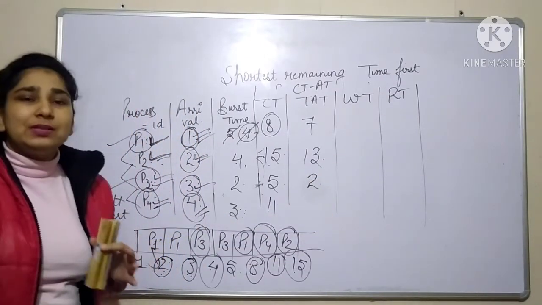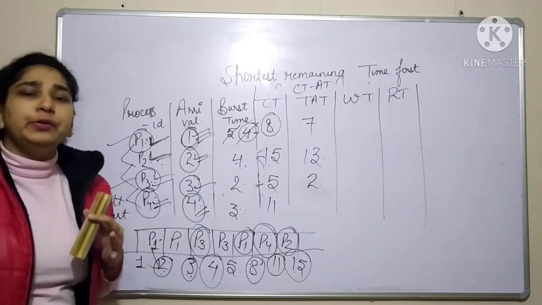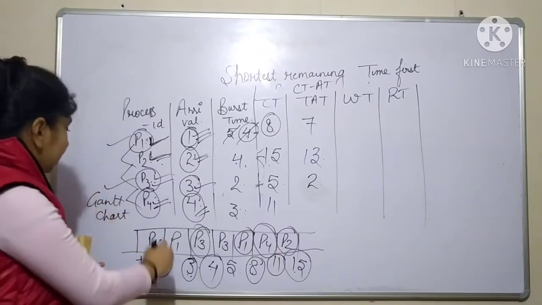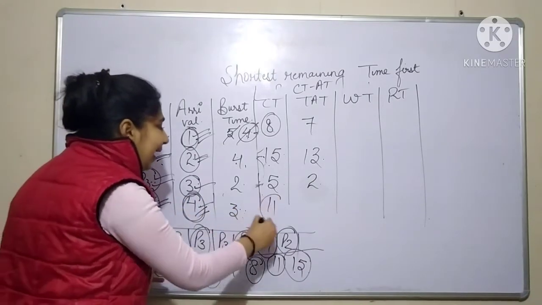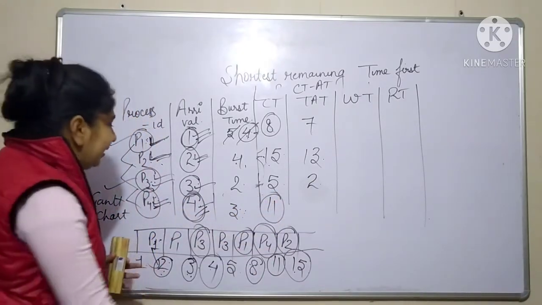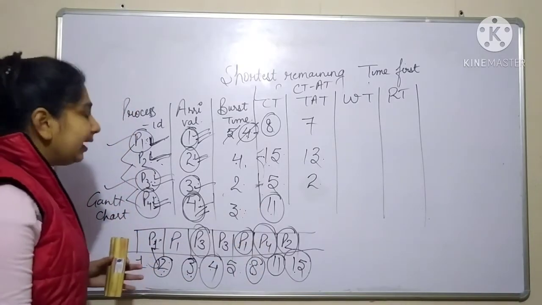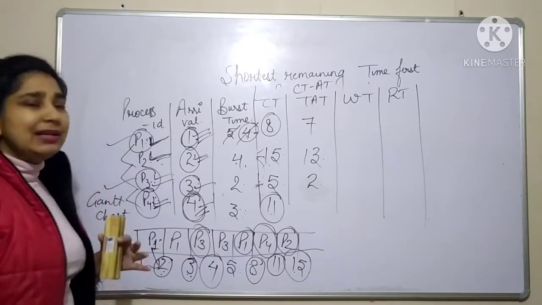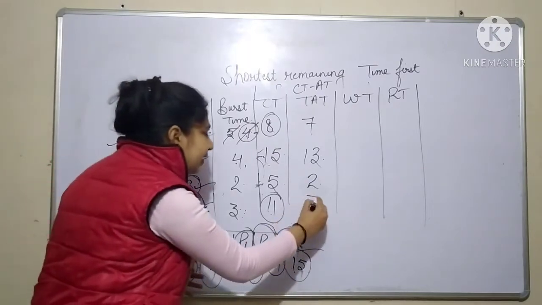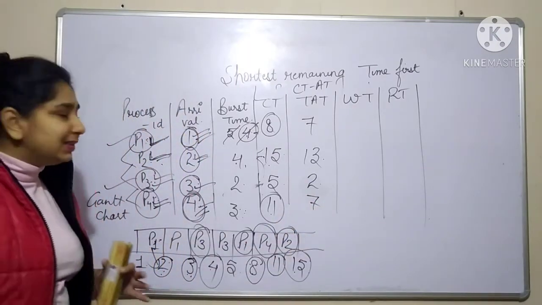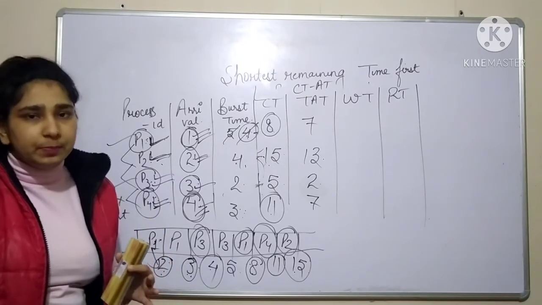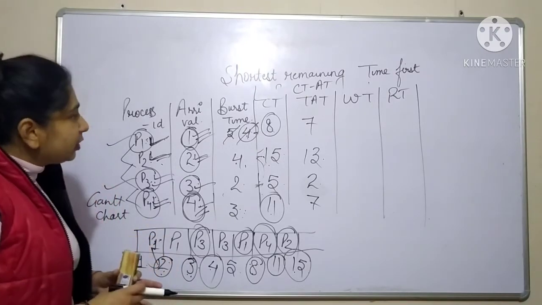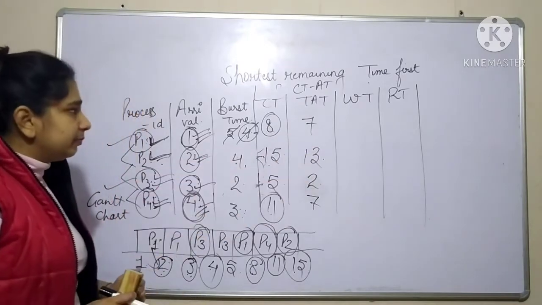It was alive in the cycle only for 2 units of time. Your process P4 arrived in the main memory at 4 and it gets terminated at 11. So how long has it been alive in the cycle? For 7 units of time, either waiting for CPU or running on CPU. So this is the turnaround time.